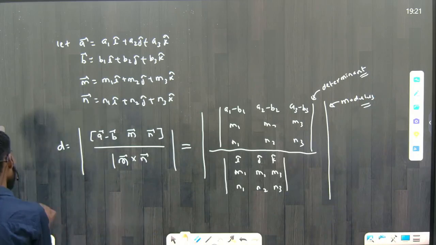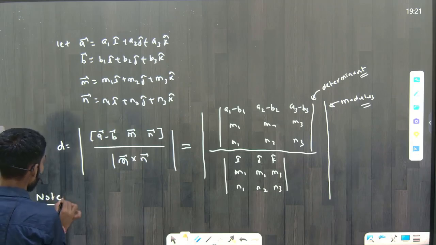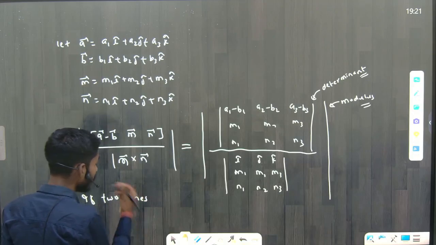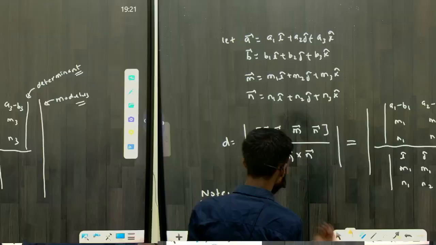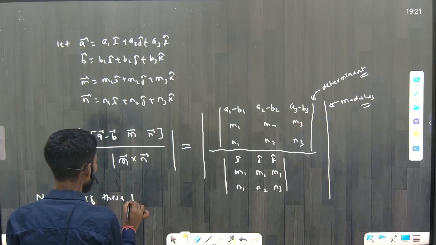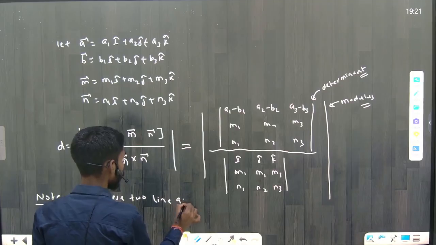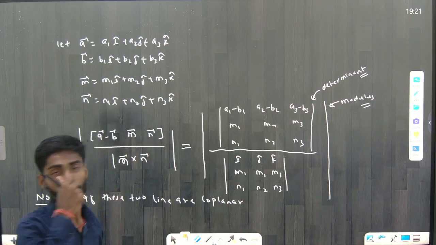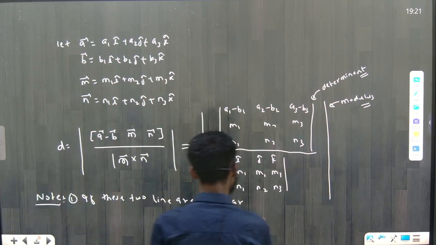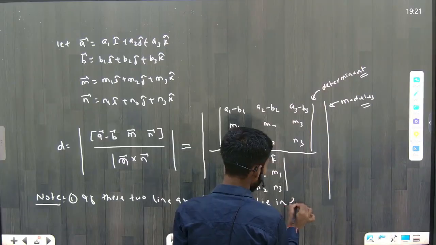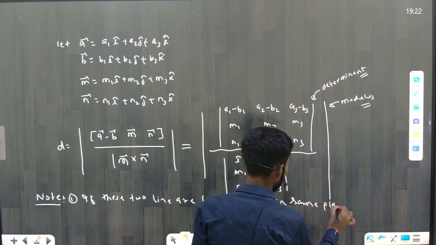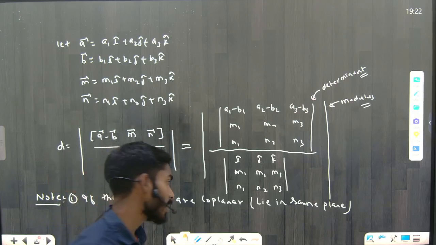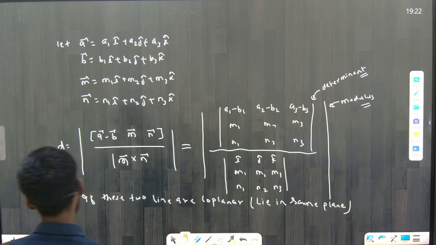Here we also note one point. If these two skew lines are coplanar, coplanar means these two lines lie in the same plane. Then what will happen? If these two lines are in the same plane, then the box product is equal to 0, and we can also say the shortest distance will be 0.